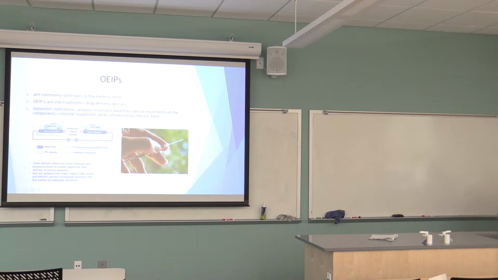It looks like a normal needle used for an IV, but it applies electricity to give precise amounts of a certain drug. It's more precise and gives a specific amount compared to a normal needle. And here's a physical or theoretical diagram of what is actually inside of that needle, so to speak.